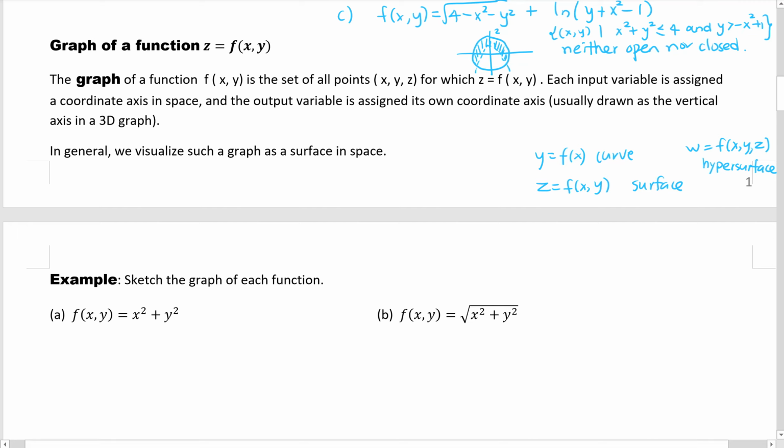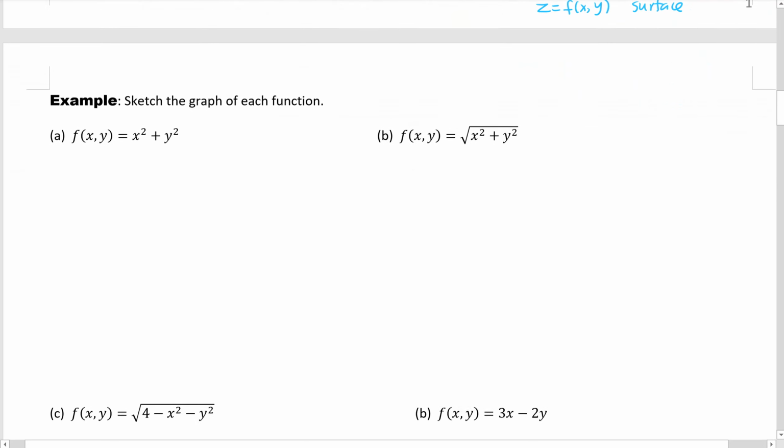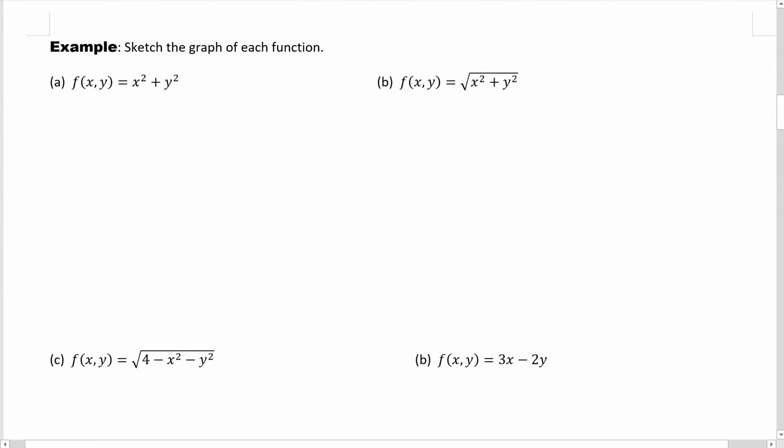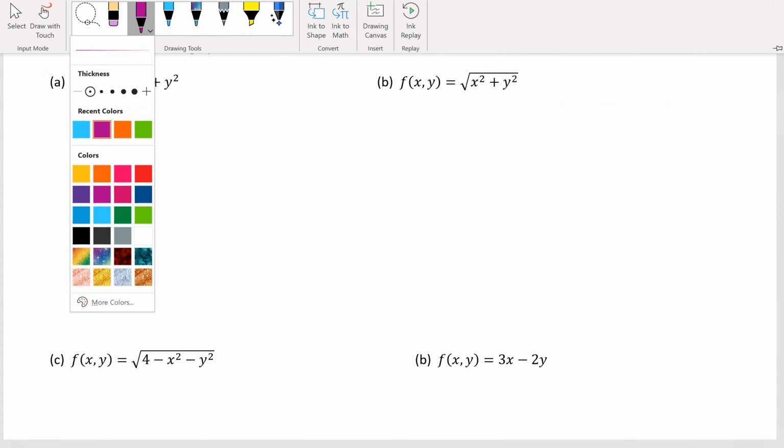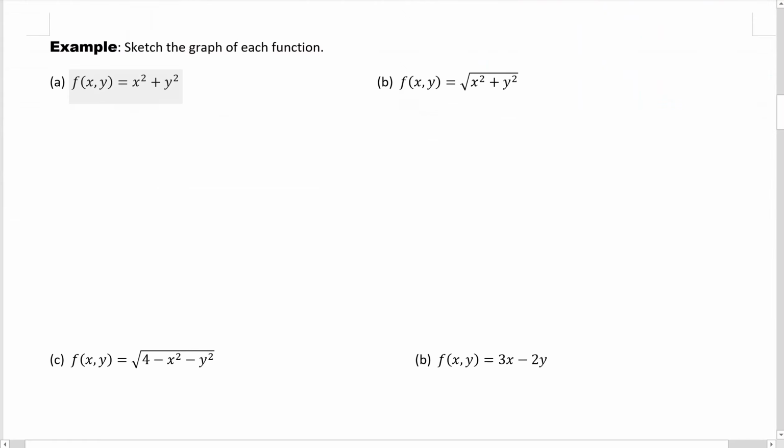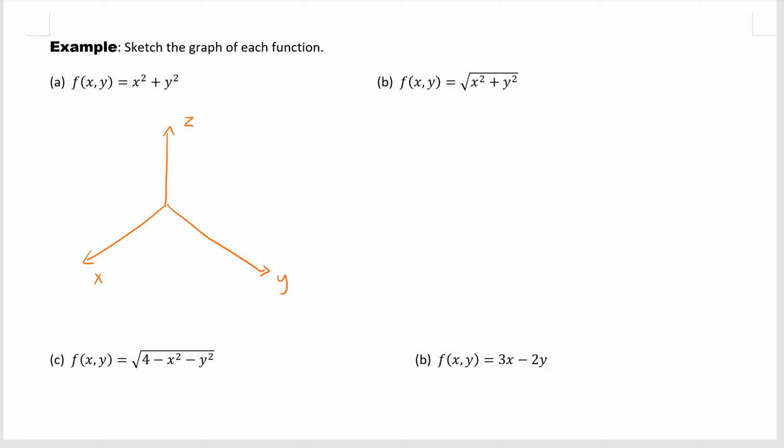Okay, so let's look at the following example. Sketch the graph of each function. Let's look at the first one. So we draw x, y, z.